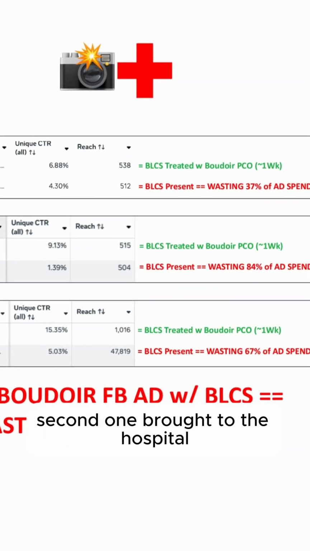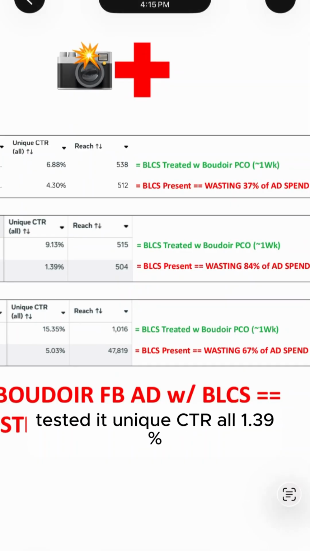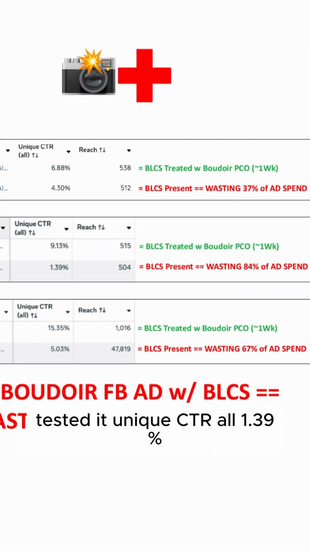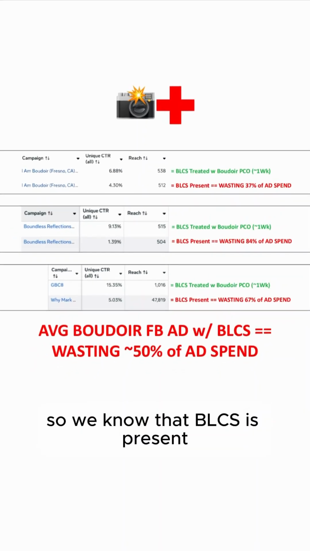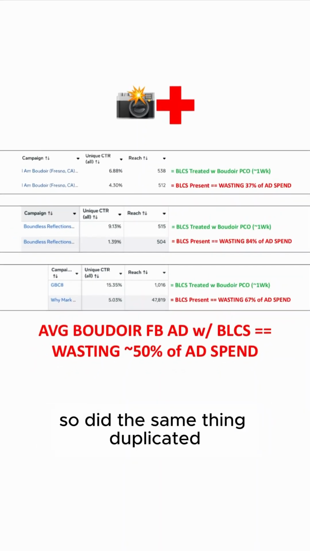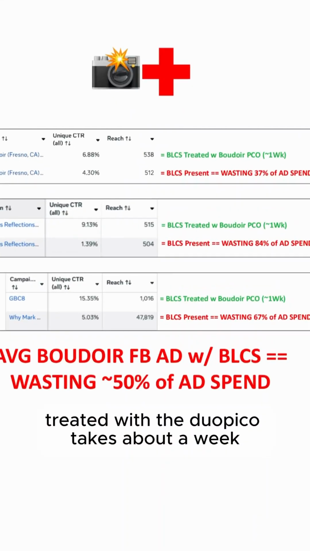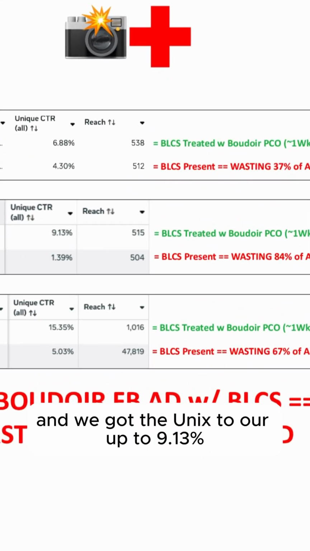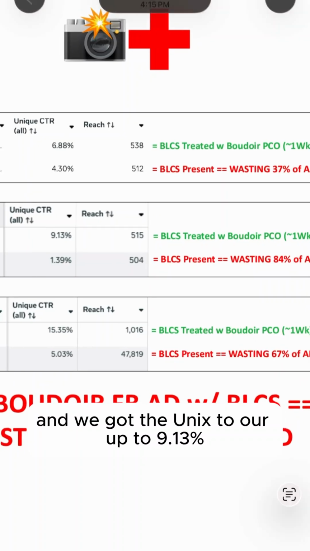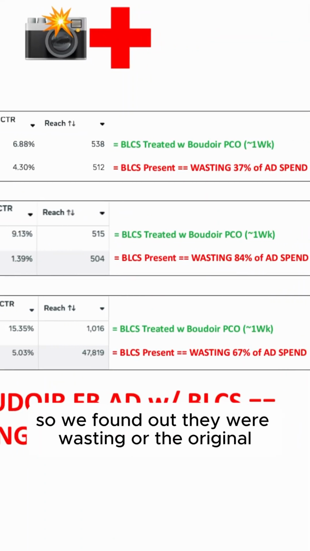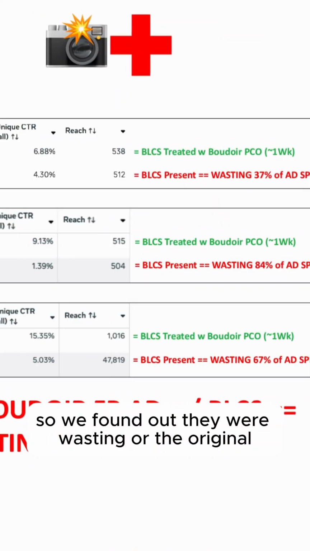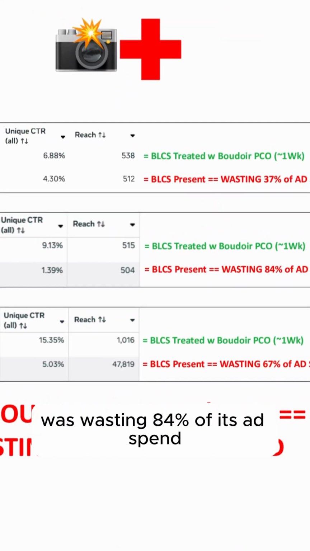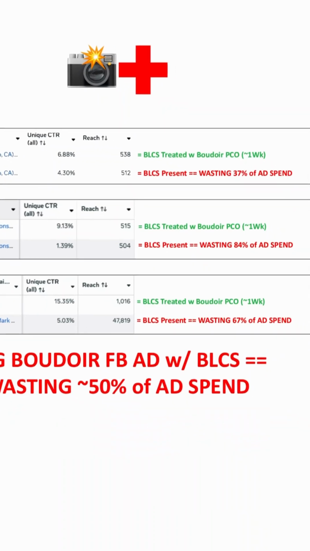Second one, brought it to the hospital, tested it, unique CTR 1.39%. So we know that BLCS is present. We did the same thing: duplicated, treated with Boudoir Pico, took about a week, and we got the unique CTR up to 9.13%. So we found out the original was wasting 84% of its ad spend.